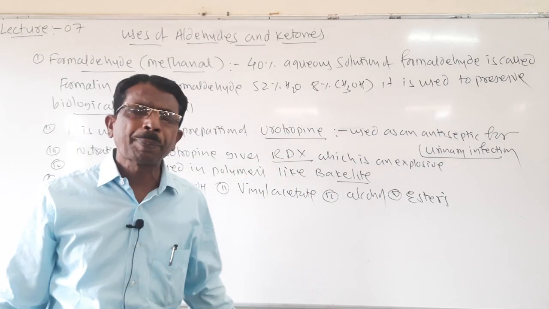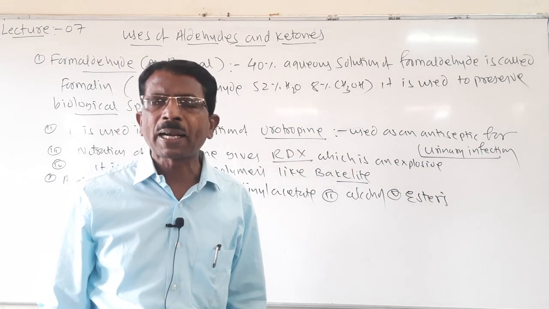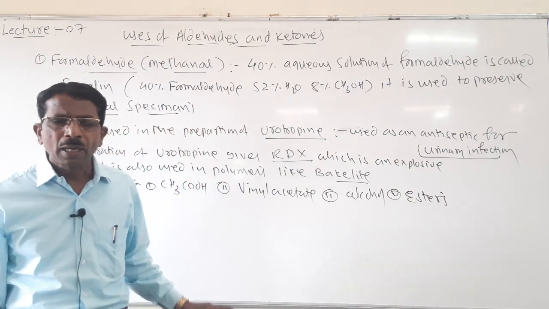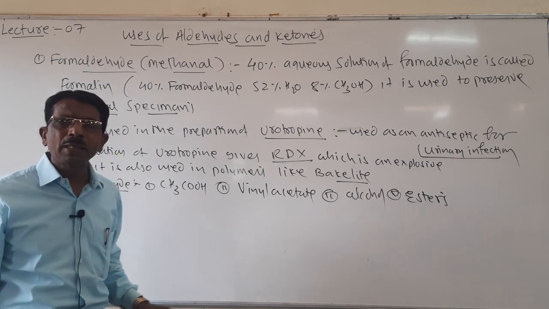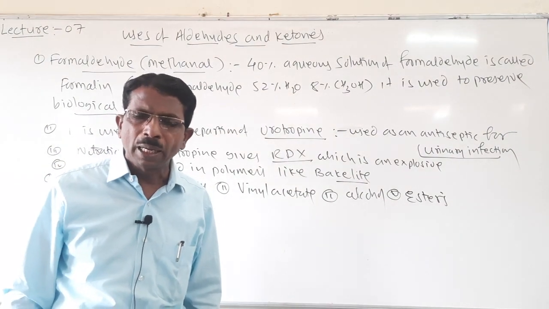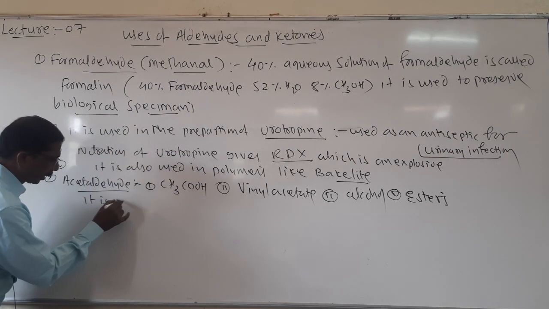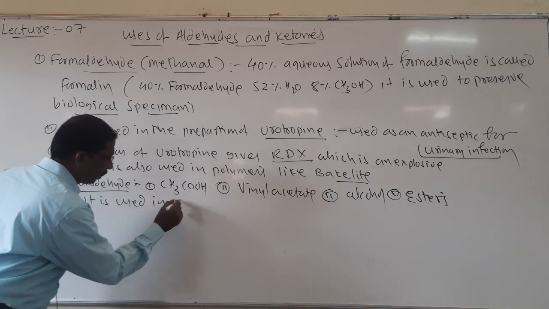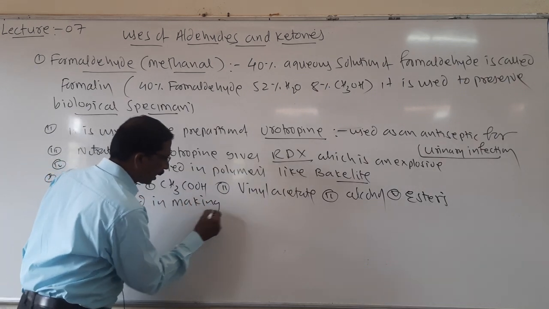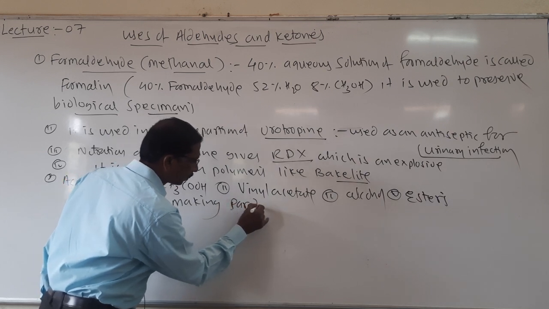Like this, so many preparations are there, and it is also used in the preparation of polymers like paraldehyde, which is used in medicine as a hypnotic. So it is used in making paraldehyde.